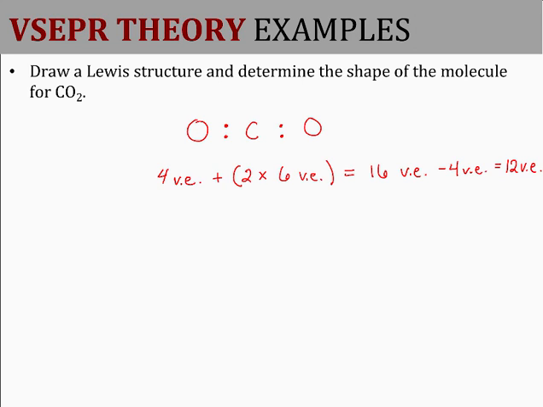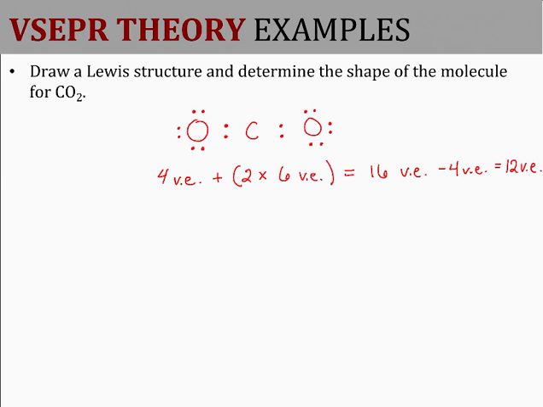And we want to make sure that each atom has 8 valence electrons according to the octet rule. But I usually start by putting octets around the outside atoms first, and then I move electrons around later if I need to. So we'll start by putting some lone pairs on each oxygen. We just added 2, 4, 6 electrons to the oxygen on the right, and now we're going to add 2, 4, 6 electrons on the oxygen on the left.